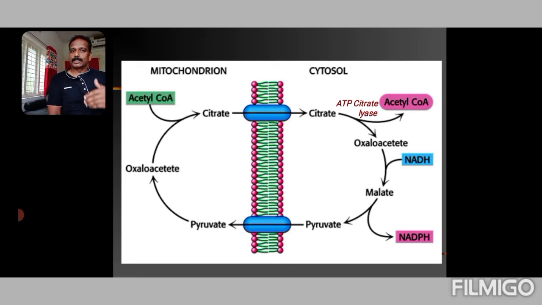Acetyl-CoA inside the mitochondrial matrix gives rise to citrate by combining with oxaloacetate. And if citrate is in excess, because it is not channeled to the TCA cycle, it can be converted to acetyl-CoA after it reaches the cytoplasm.